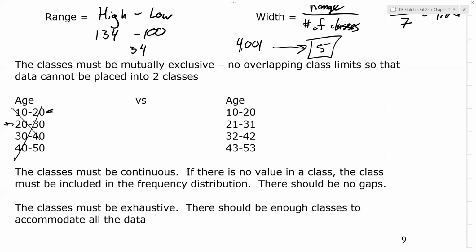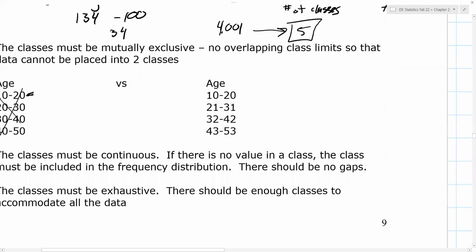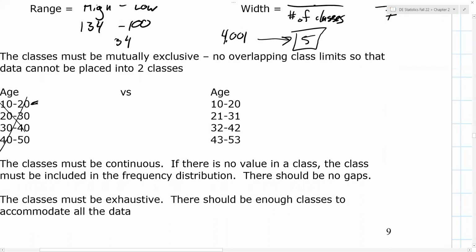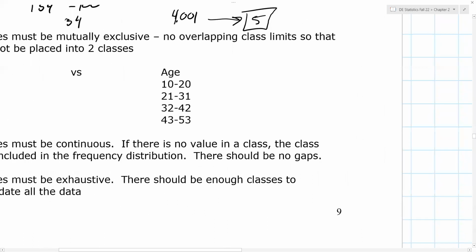So be aware of that. If you go and look, you will see something like 10 to 20 and then 21 to 31. Sometimes you'll see classes written as 10 to less than 20 and then 20 to less than 30. That's another common way of writing that.